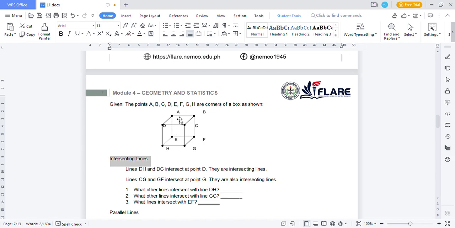So, for example, line DH. Let's see here, line DH. Can you see my arrow? Please follow along. So line DH is from here to here.